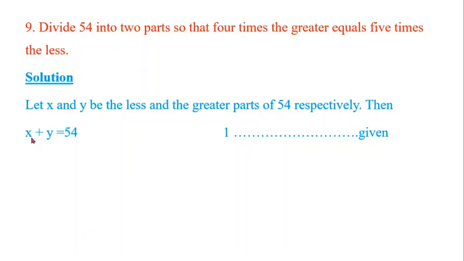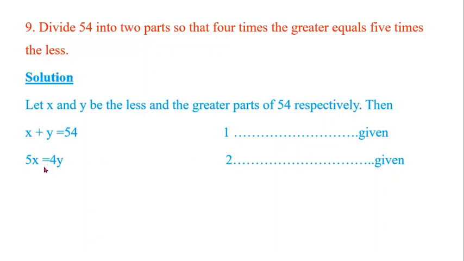As given here, x plus y is equal to 54, because the two parts of 54 are x and y. And it says that 4 times the greater, we have declared here that y is the greater one, is equal to 5 times the less. Let this be called equation 2.